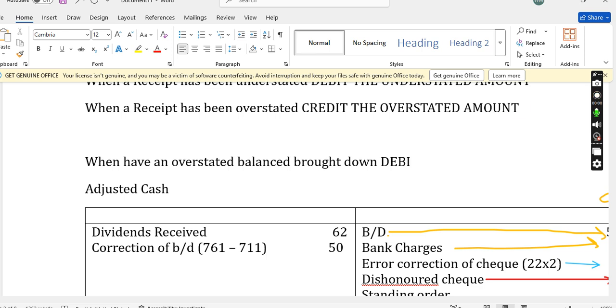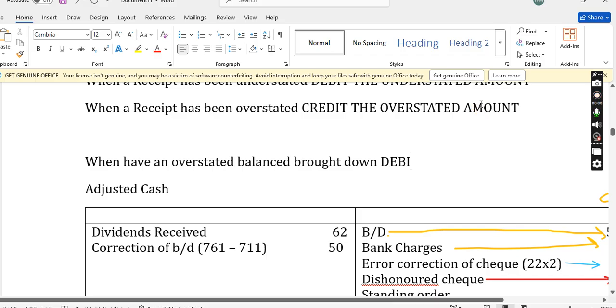So I don't think I can put a standard rule here, because the balance brought down can be either on the debit or credit side.